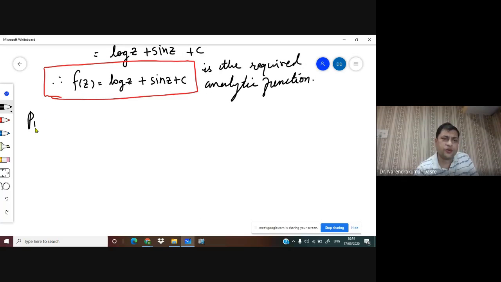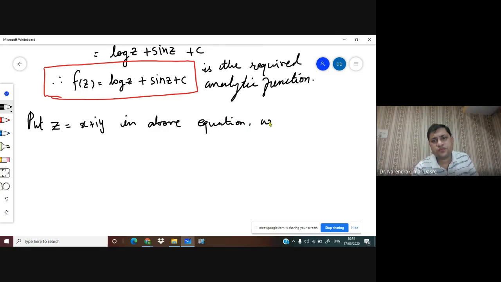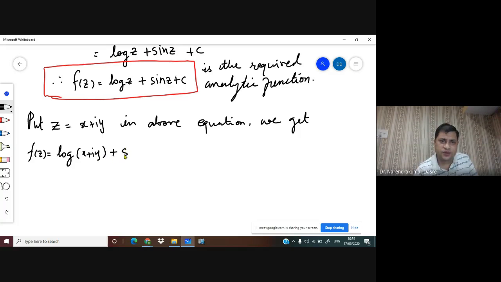Okay. So what we can do is put z is equal to x plus iy in the above equation. We get f of z is equal to log of x plus iy plus sine of x plus iy plus c.